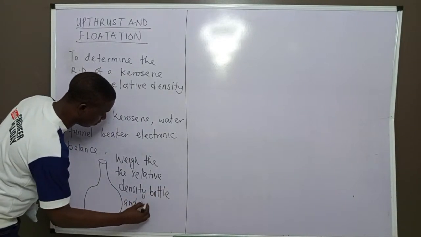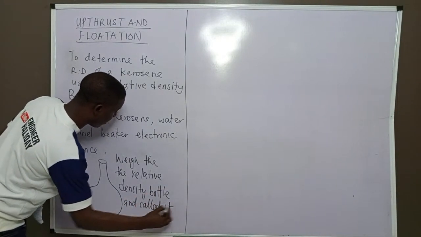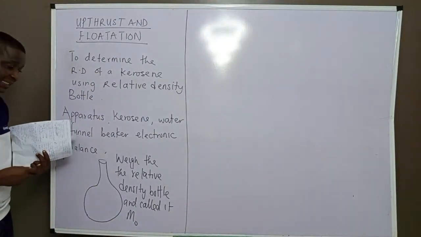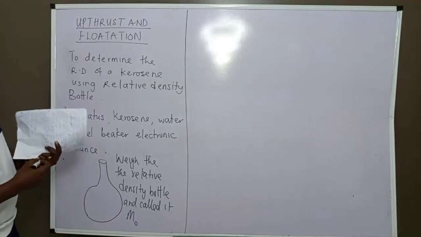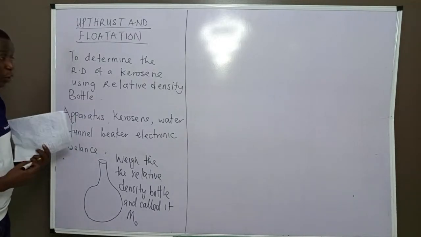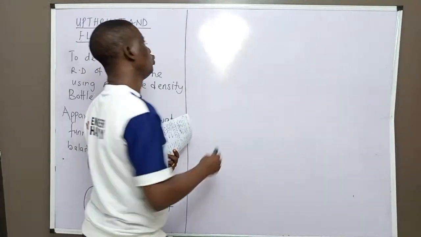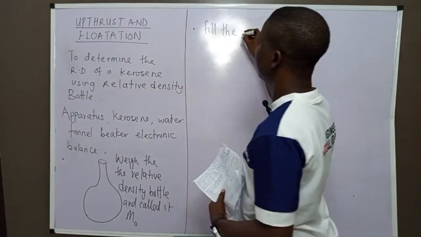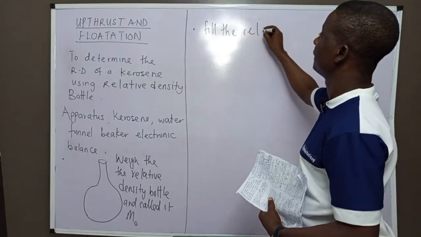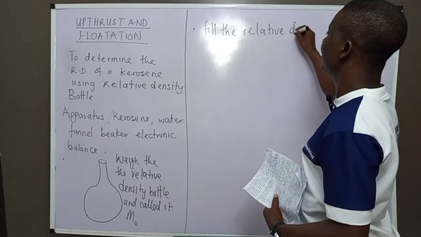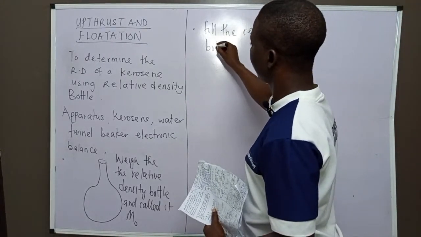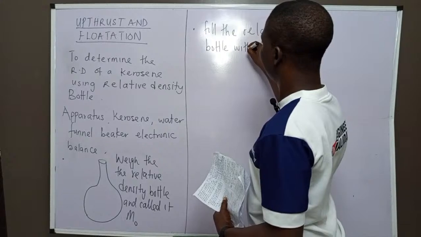And call it M naught. Now you weigh the relative density bottle, and we will call it M naught. Then what you do next is to fill the relative density bottle with water.